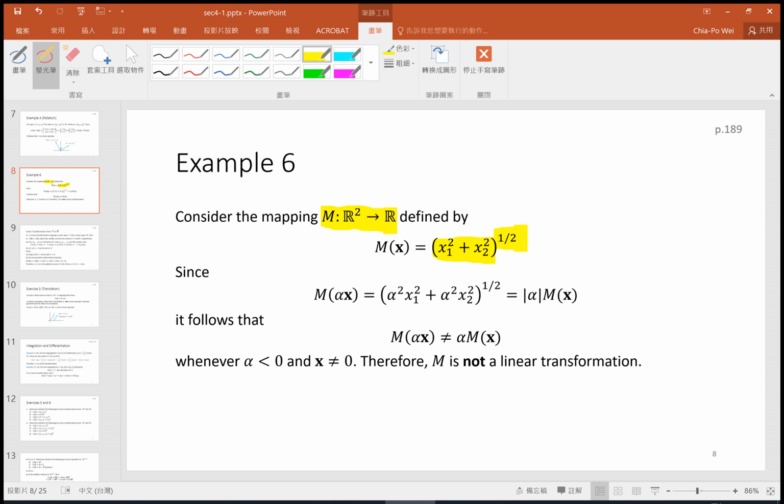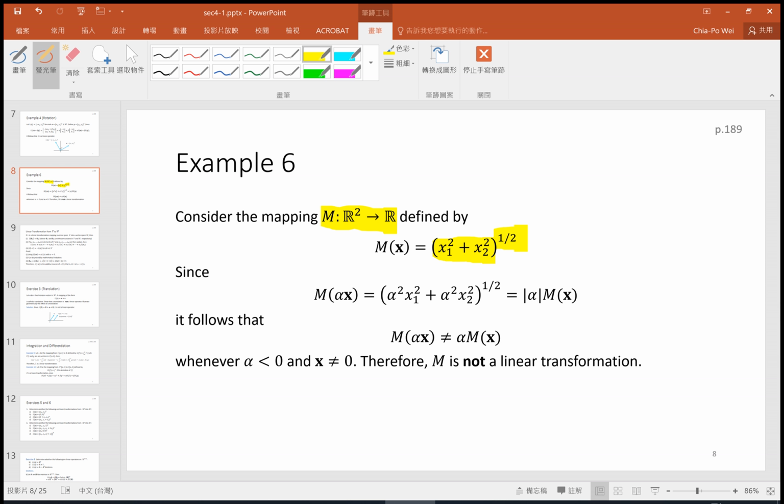We want to show M is not a linear transformation. To do this, we will find an example of α and x such that the homogeneity property is not satisfied.